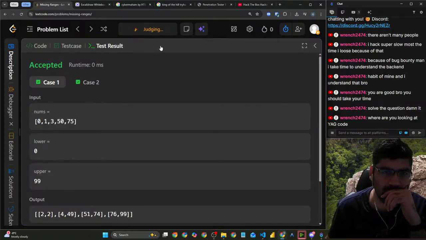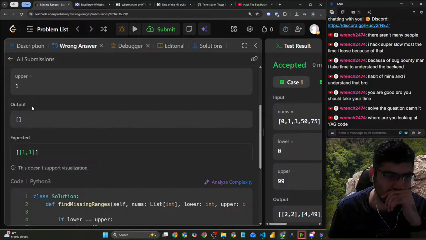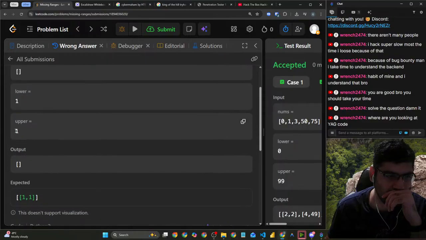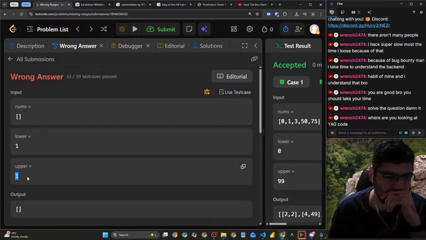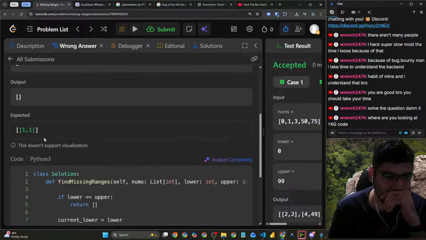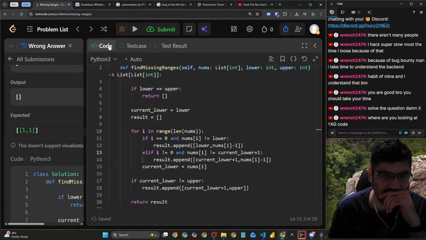Okay, I think I can improve this algorithm though. Input, lower is this, upper is this, output. Oh, this is an edge case. Interesting edge case.